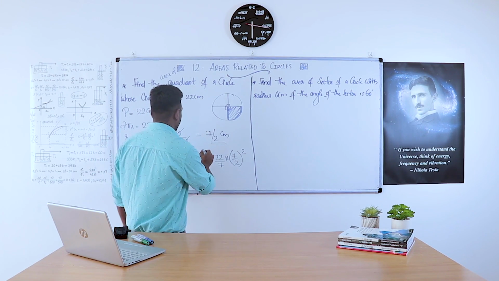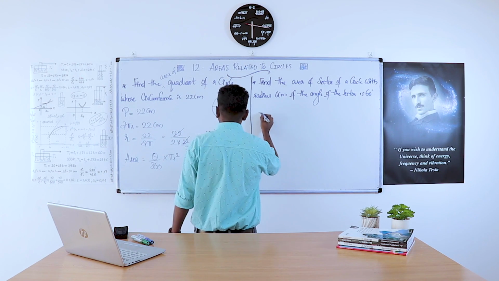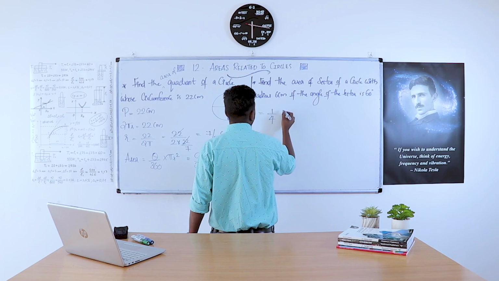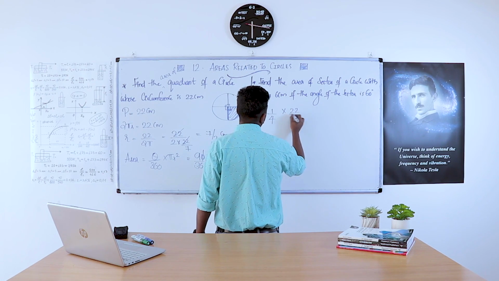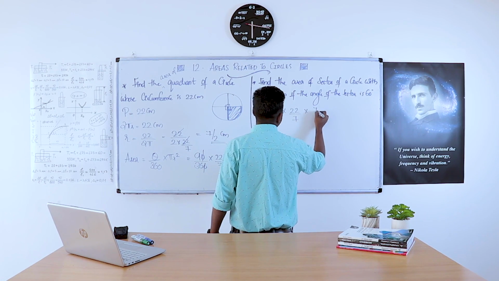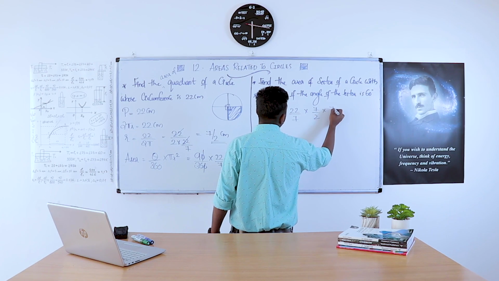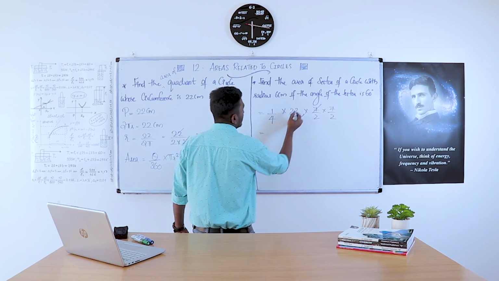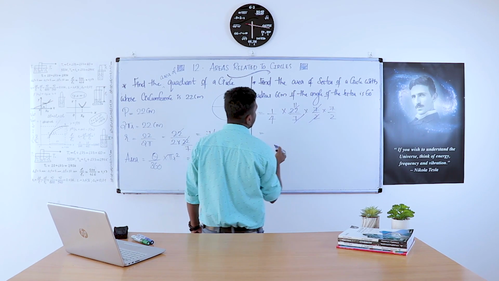That is, 90 by 360 can be simplified as 9 by 36, that is 1 by 4, into 22 by 7 into 7 by 2 into 7 by 2. 7 can be cancelled. 22 by 2 can be written as 11.